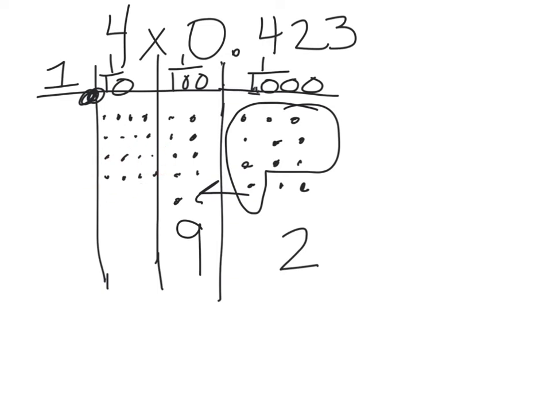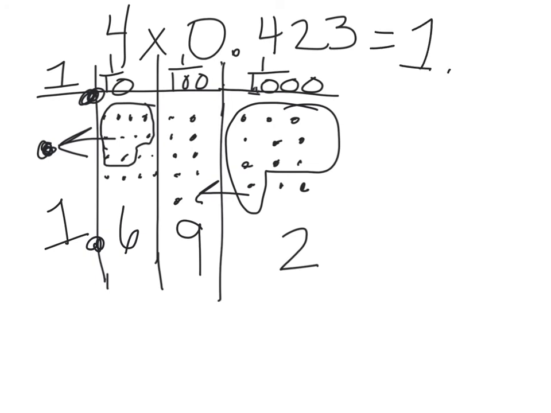So I know I can make some groups of 10 here. Bundle that over. Then I have 6 tenths and 1 whole. So 4 times 423 thousandths is equal to 1 and 692 thousandths.